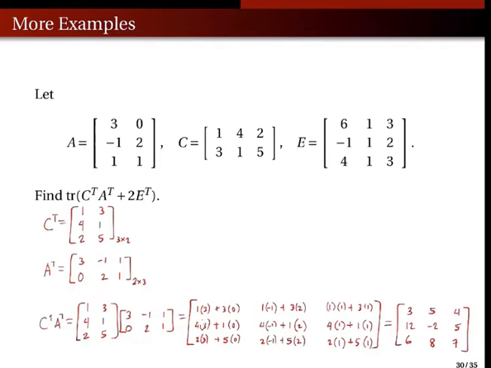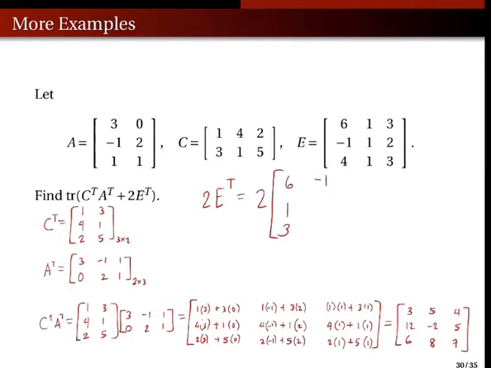Now, let us write 2E transpose. So you will have 2 times E transpose. So rows become columns. So 6, 1, 3.